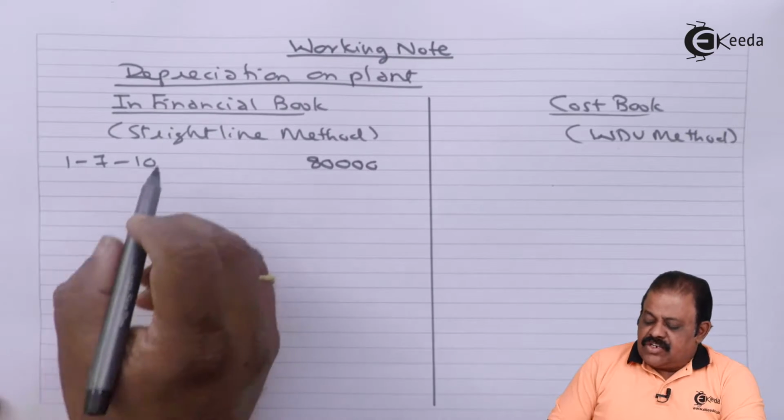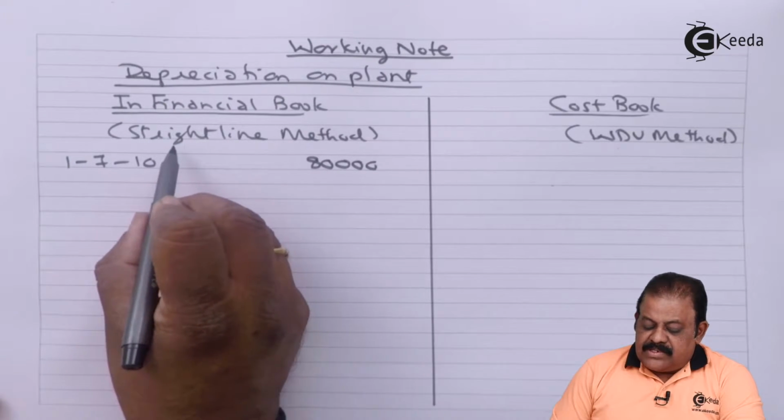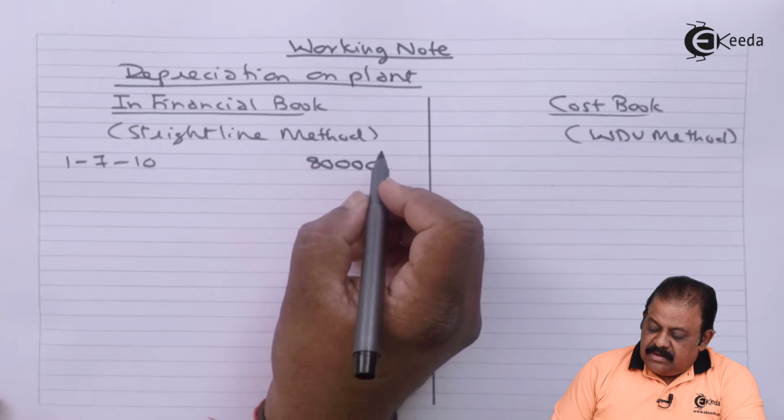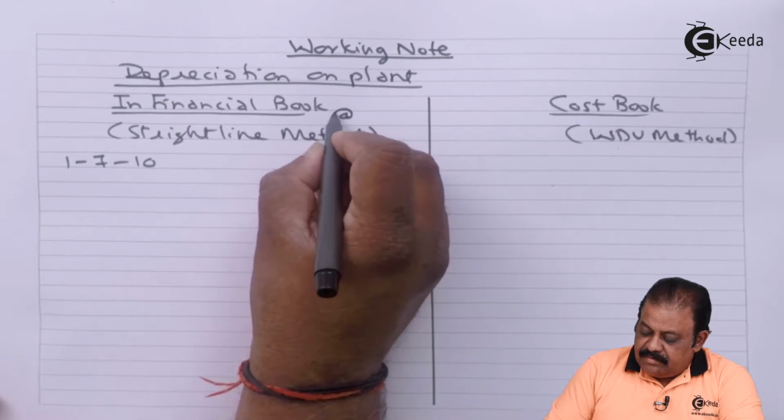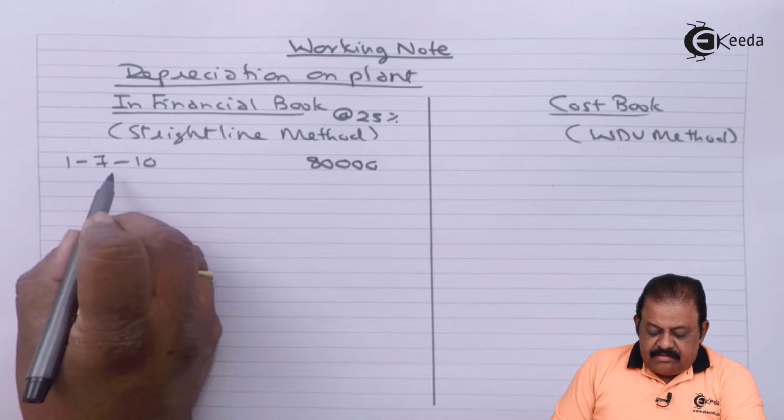As per financial book, we have charged depreciation on the basis of straight line method at the rate of 25%. So it is purchased on 1st July.